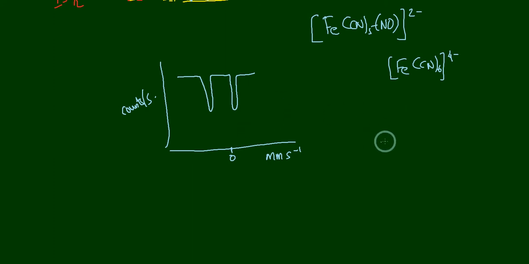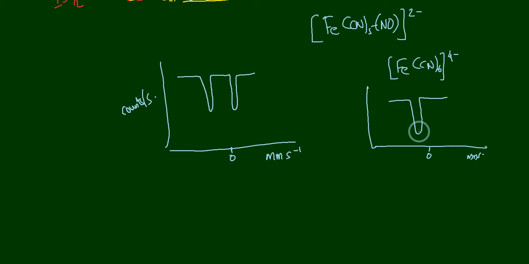As we already saw in the last class, the Mossbauer spectrum will be like this, with zero somewhere here in millimeter per second, and it will come somewhere around minus 0.5 millimeter per second. You will see only one band in the Mossbauer spectrum.